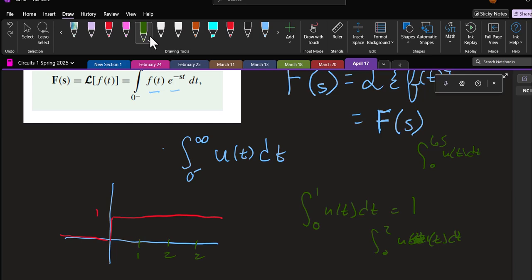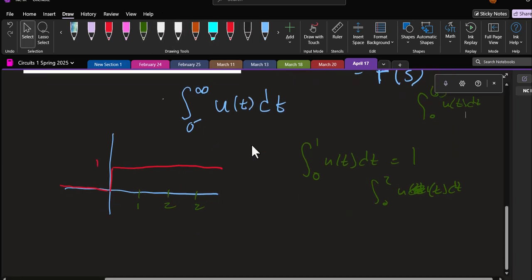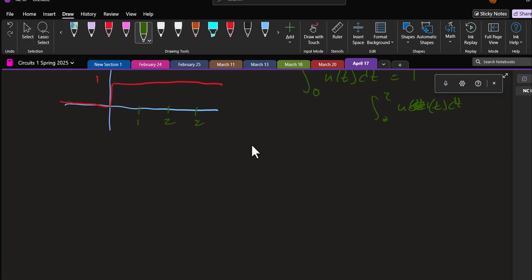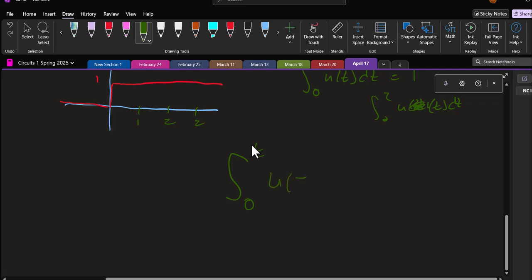All right, so now if I take the integral just in general from 0 to t of u of tau d tau, and I'm just using a different variable here so that I don't have that t in the integral limit, what I'm going to get is t.